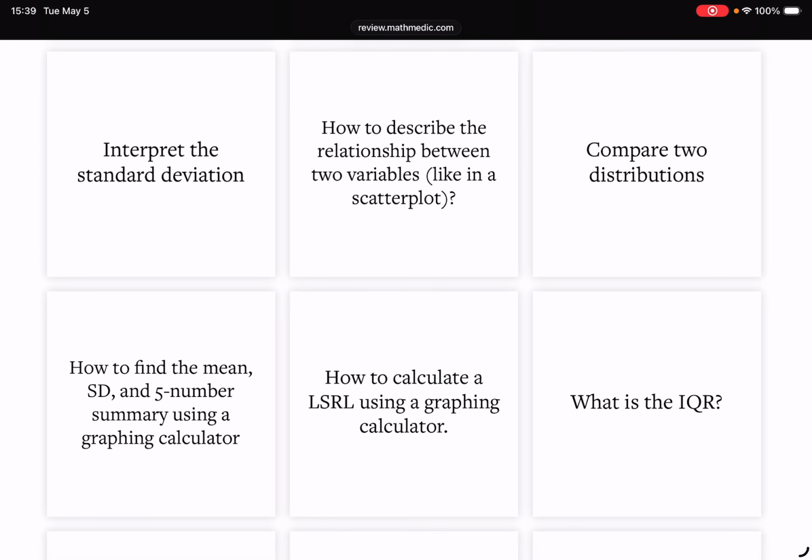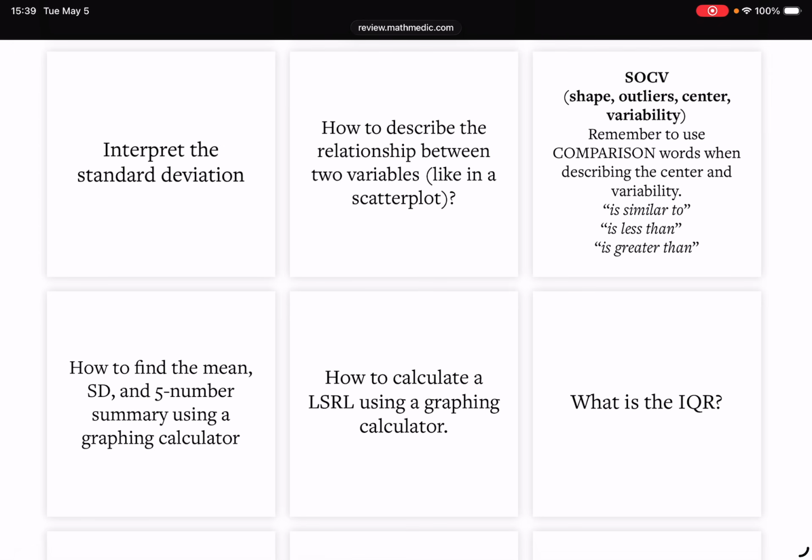Next one is comparing two distributions. So for this one, we use SOCS again, that stands for shape, outliers, center, context, and spread. Here they're using variability instead of spread. The important thing here is when you are describing each of these things, we are using comparison words.